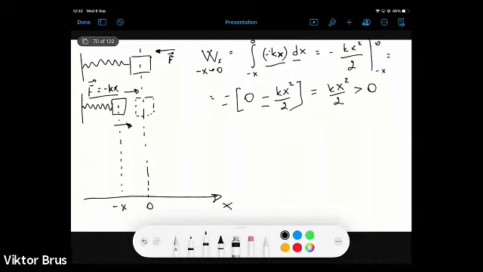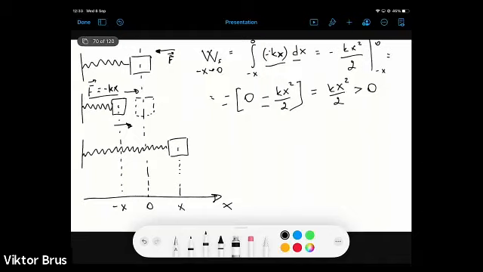So let us show it here. Initially our spring was compressed. Now our spring is stretched. And this is a new position here, which is position x.